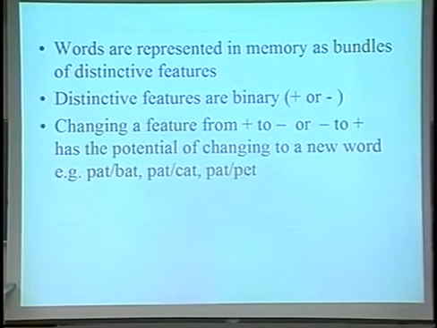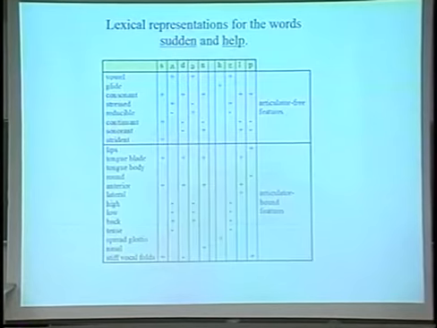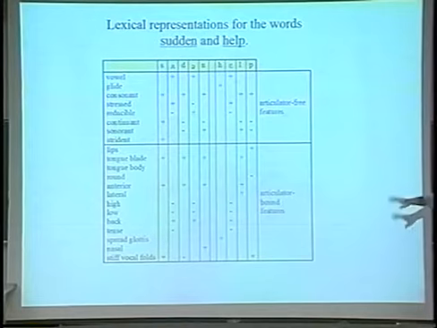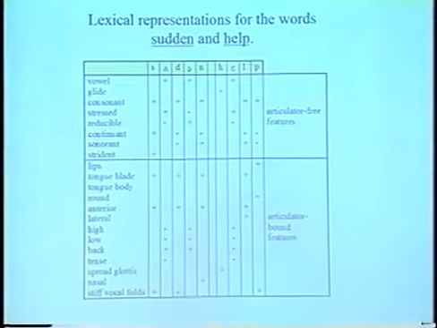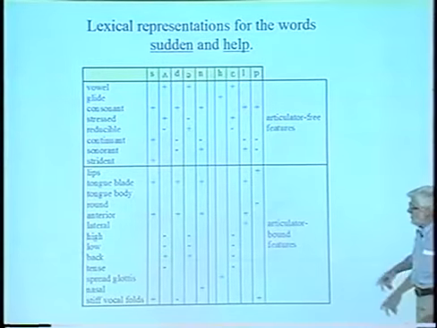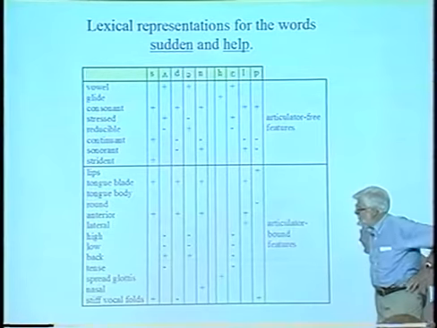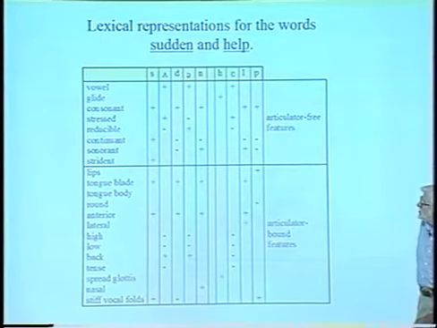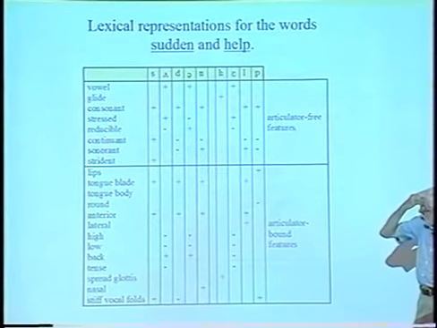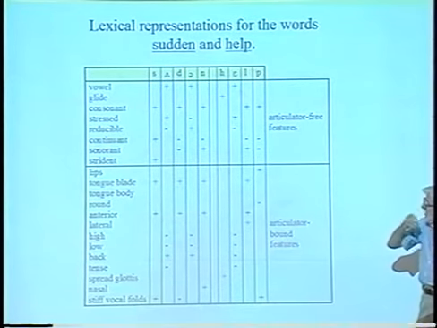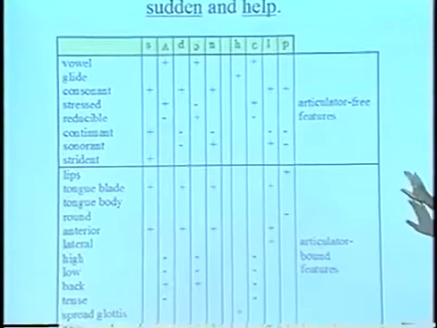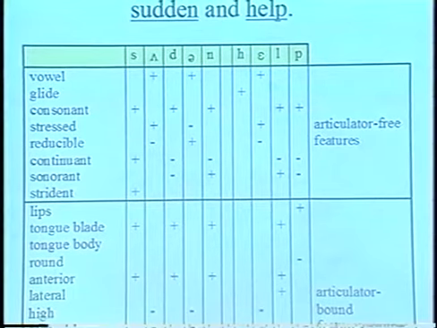Okay. So words are represented in memory in what might appear to be a complicated way. Each one of these columns is one of these things we call a bundle of features. These are proposed lexical representations for a couple of words, the word sudden and the word help.